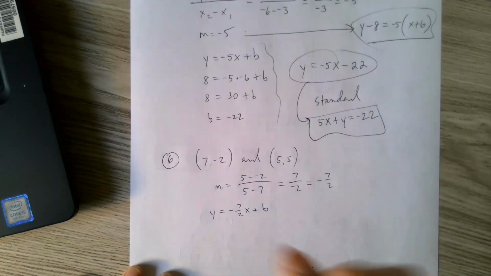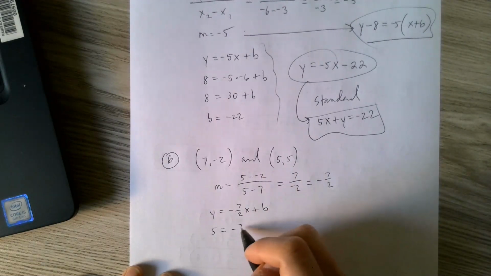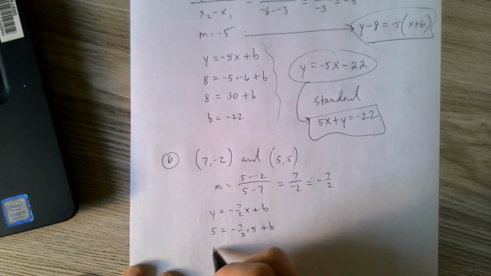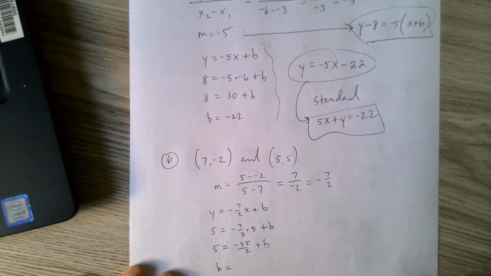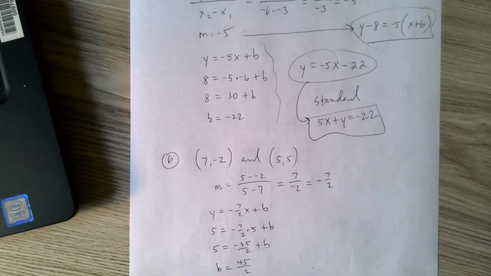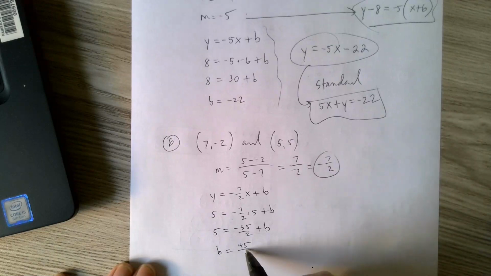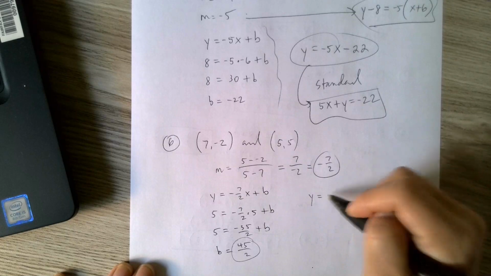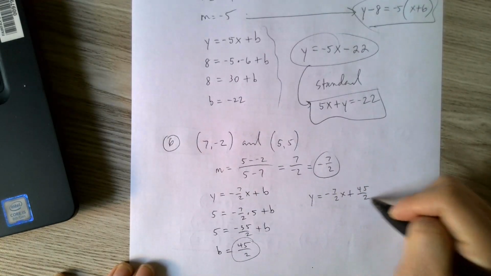Now let's put a point in. I'm picking the second one again. No particular reason. That's 45/2 for b. Slope, y-intercept. In slope-intercept form, we have y equals -7/2x plus 45/2.